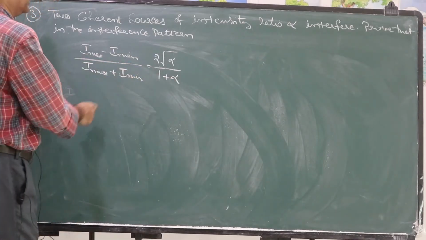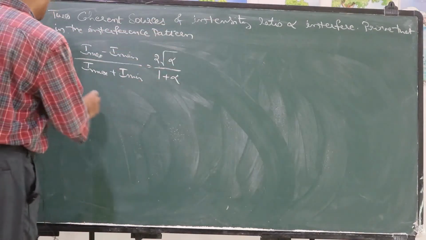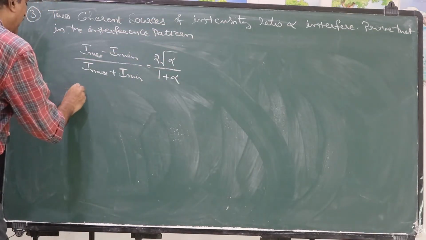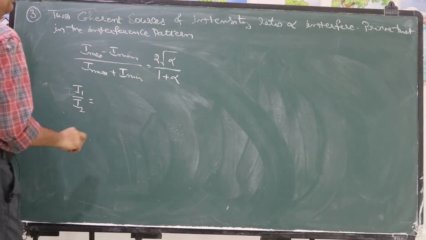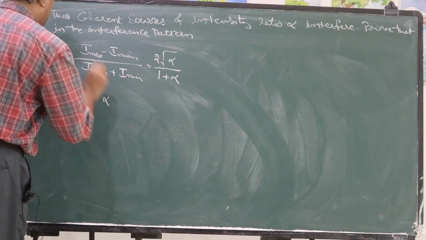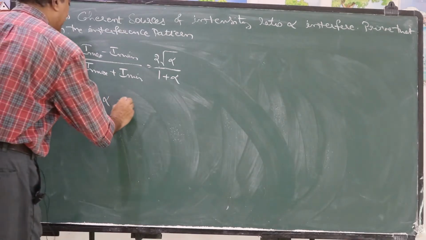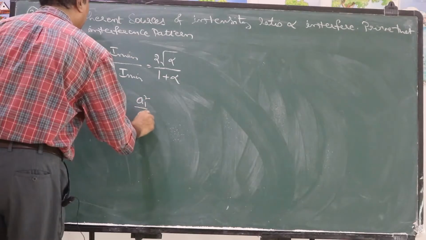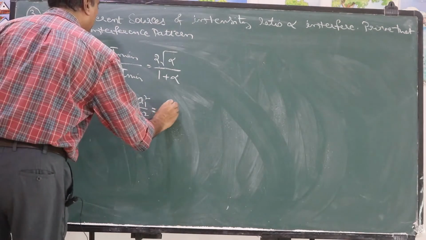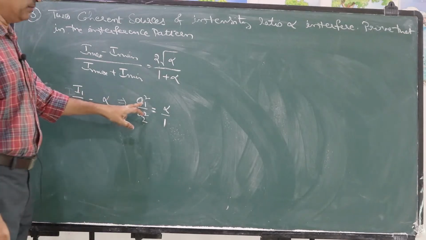So for this the given ratio of the intensities is, that means I1 by I2 is equal to alpha. This is the given condition. From this we can write A1 square by A2 square is equal to alpha, because intensity is the square of the amplitude.